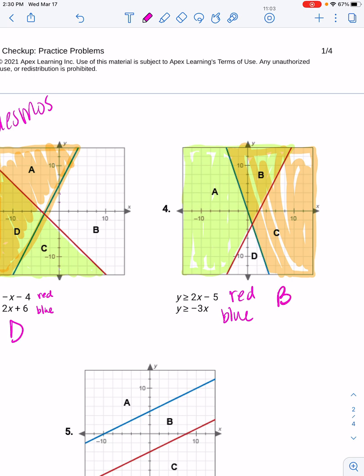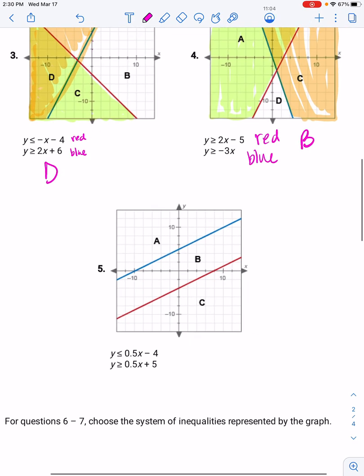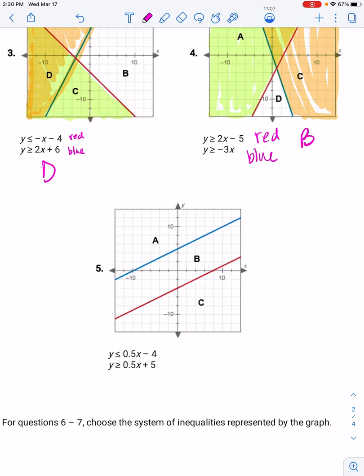All right, number 3, if you remember back from the notes, these are parallel lines. However, y is less than 0.5x minus 4, and y is greater than 0.5x plus 5. So this is our blue, and this is our red.